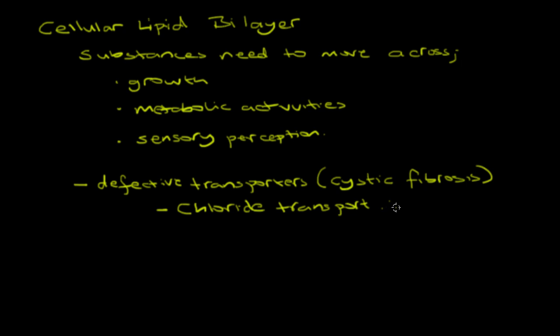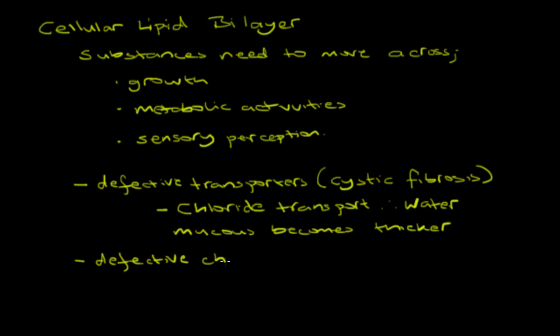And therefore water, which then causes mucus to become thick. And I'm sure, as many of you know, that this causes problems for cystic fibrosis sufferers with things like recurrent chest infections, for example. But as well as defective transporters, there could also be defective channels in the cell walls.